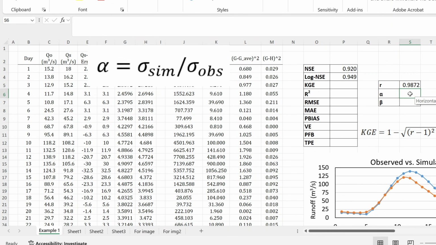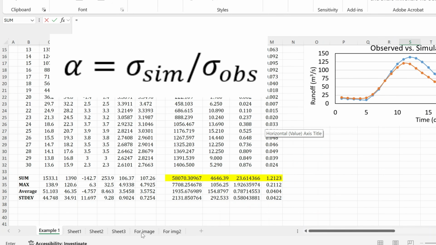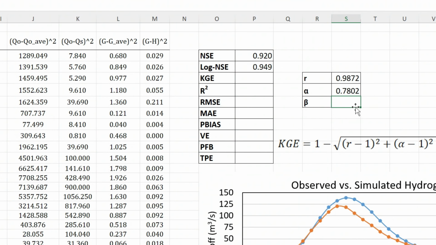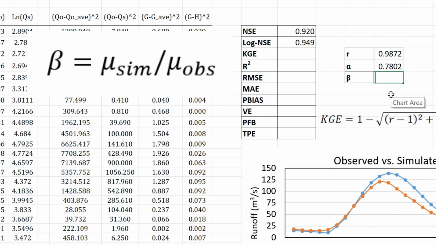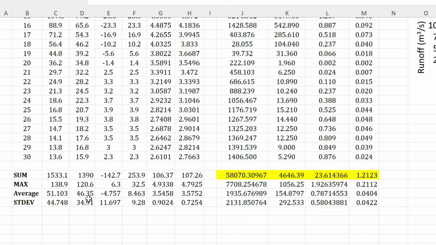The next one, alpha, is the variability ratio, which will be the ratio of the standard deviation of the simulated and the observed values. So that simply means I need to divide this value by this one. So I get 0.78. And then parameter beta, which is the bias ratio. So that will be simply the ratio of the average values, or the mean basically, of the simulated over observed.